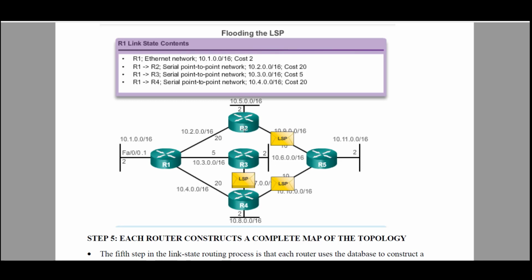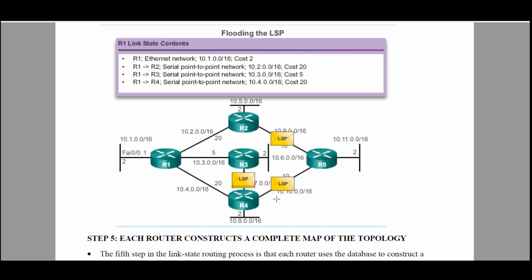Same with R2. It is going to create its own LSP. There are 3 links available, 1, 2, 3. About the 3 links, it is going to create its own LSP and flood it all over the topology.